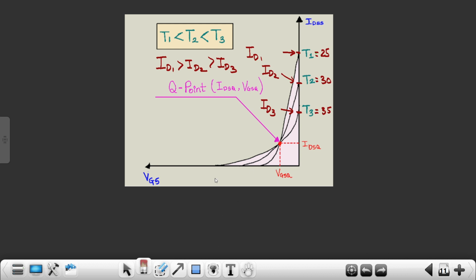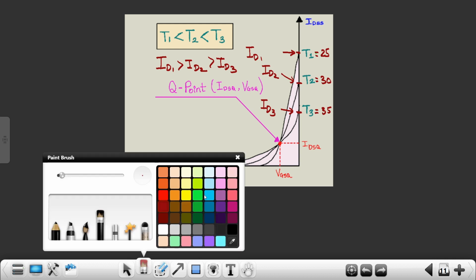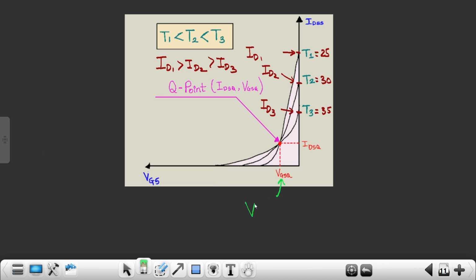So let me write over here this particular point, or VGS, it is equivalent to VP plus 0.63.